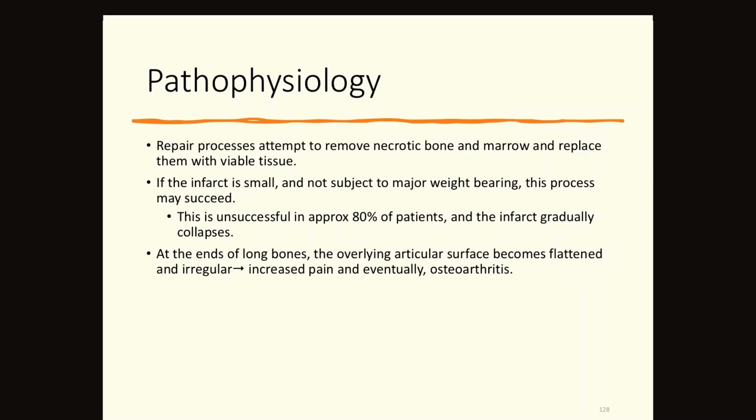So what happens? We try to remove all this necrotic bone and replace it with viable tissue. If it's small and not subject to weight bearing, the process may succeed. But if you're dealing with a weight-bearing bone, very, very rare chance that it's going to succeed. Unsuccessful in about 80% of patients, and usually the infarct gradually collapses and the bone breaks.